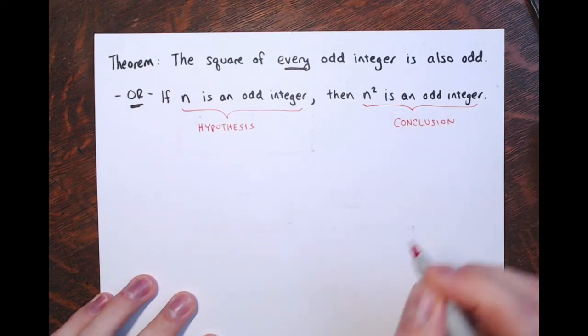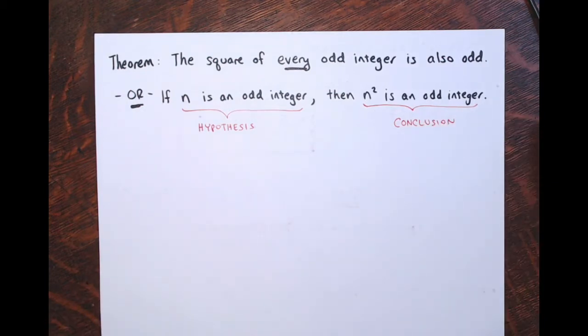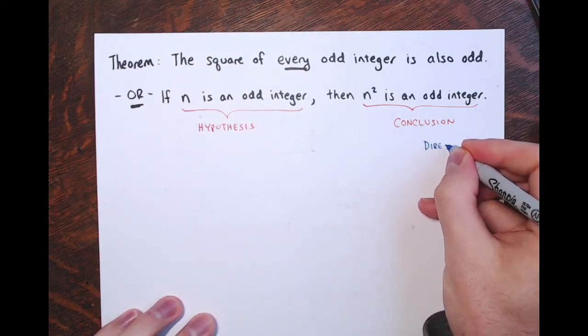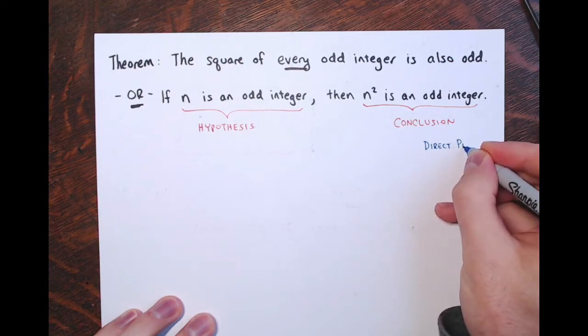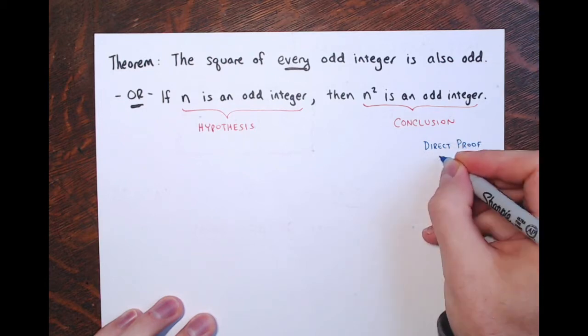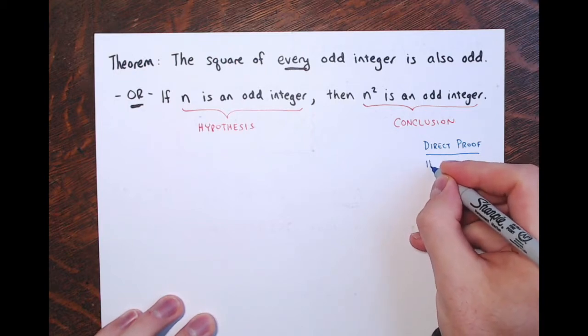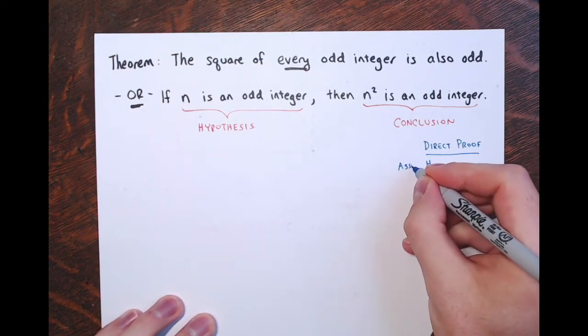And in a direct proof, and this is a side note here, in a direct proof of a conditional statement like this, you assume the hypothesis is true.